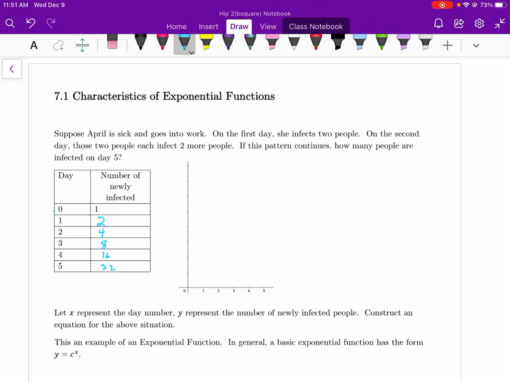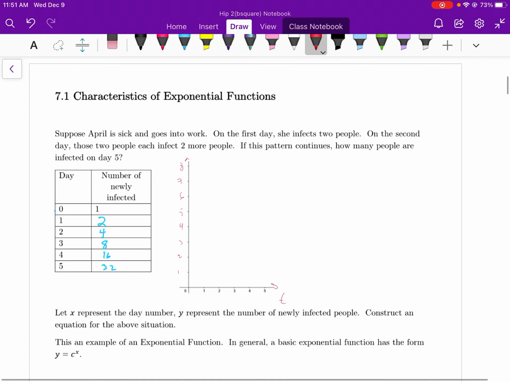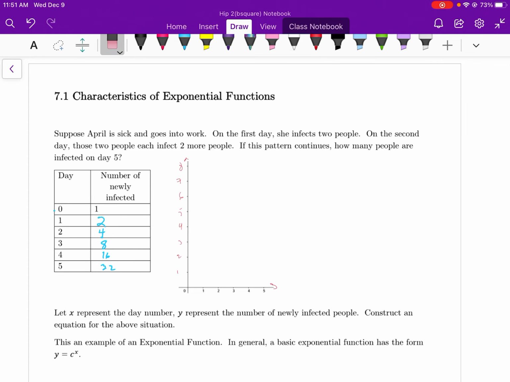So let us graph this on the axis. So I'm just going to mark this up 1, 2, 3, 4, 5, 6, 7, 8 very quickly. This will be my t-axis, my time, if you want, or x, my x-axis.